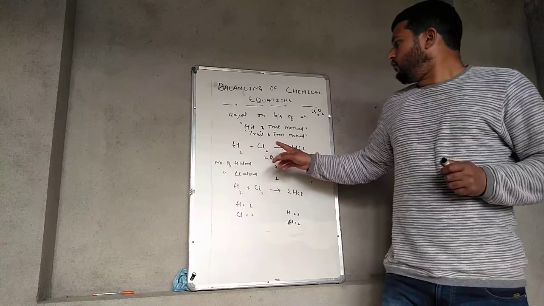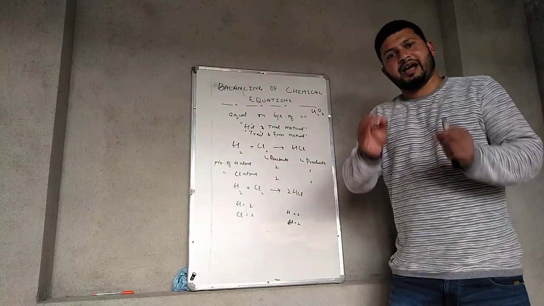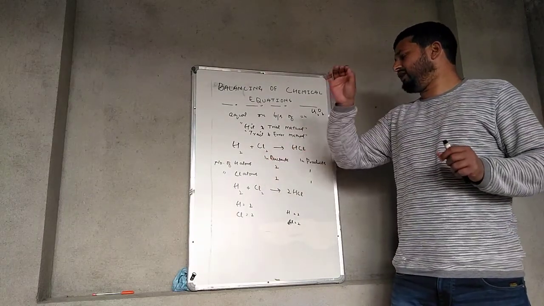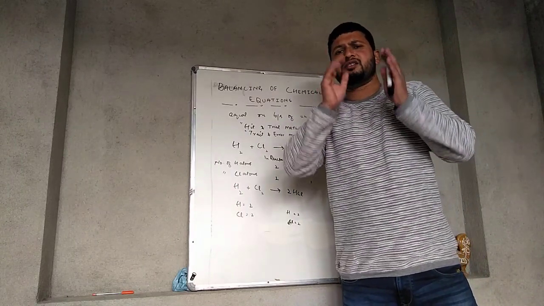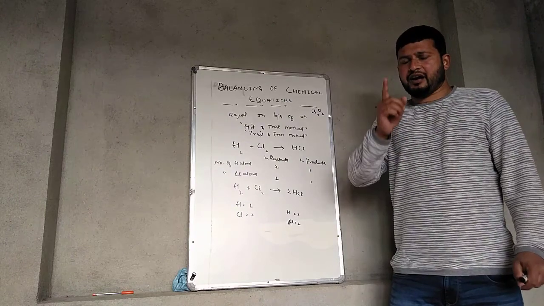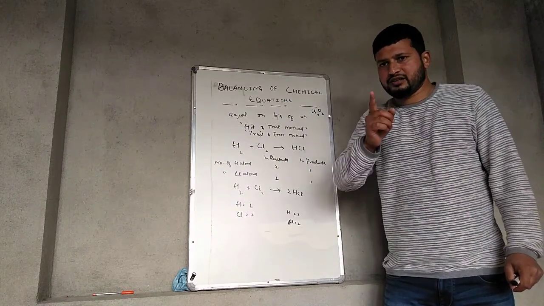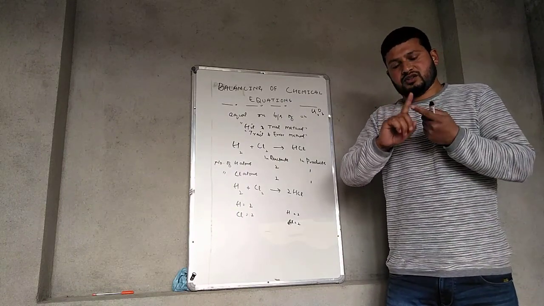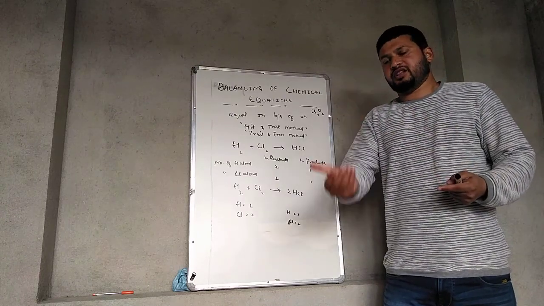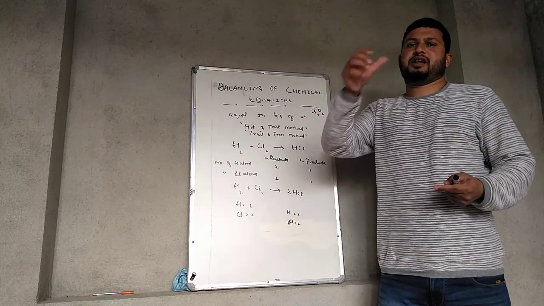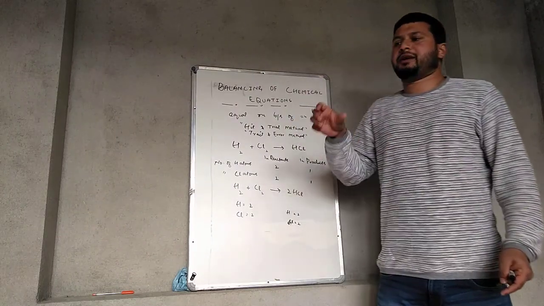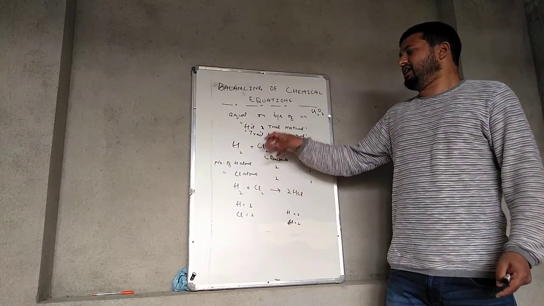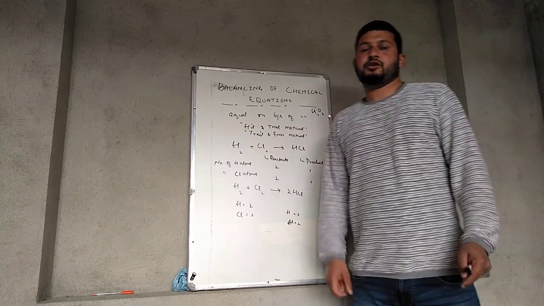That means during this reaction, one hydrogen atom and one chlorine atom have been destroyed, which goes against the law of conservation of mass, which clearly states that whenever a chemical reaction occurs, neither are atoms created nor are atoms destroyed. So in order to satisfy the law of conservation of mass, the equations should be balanced.